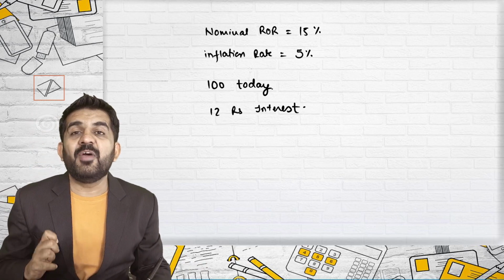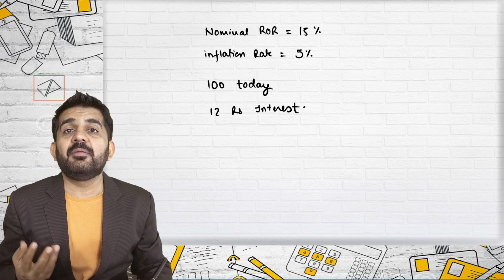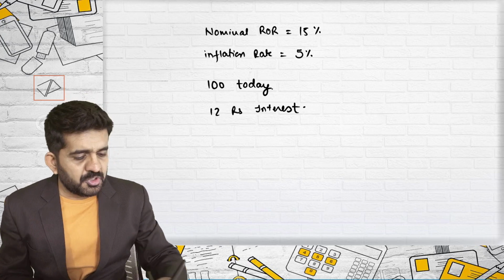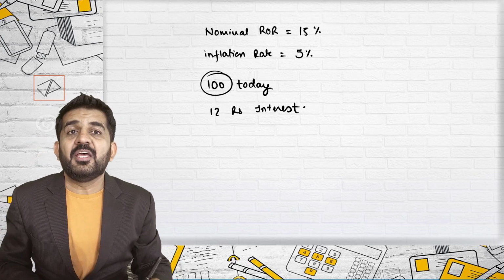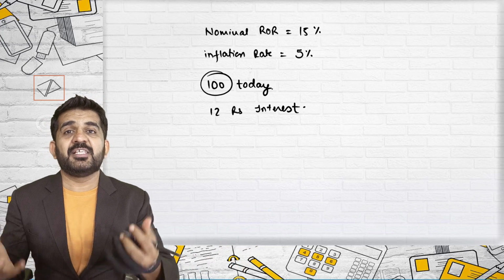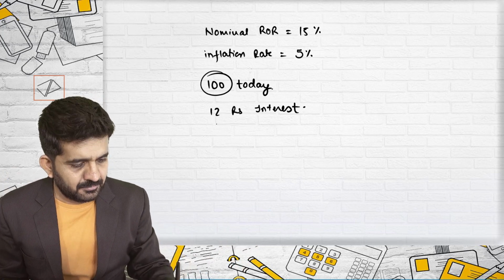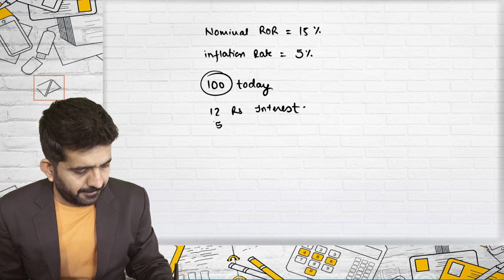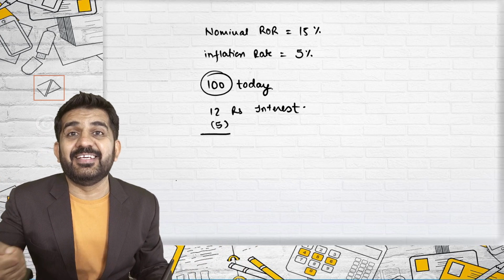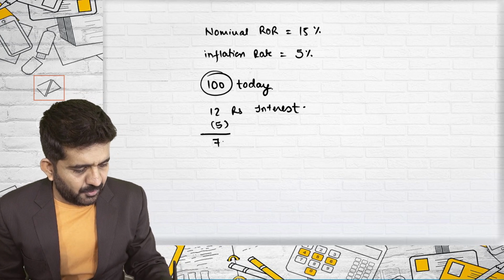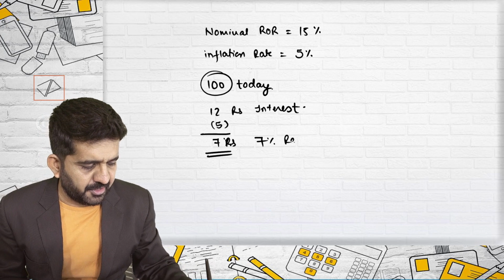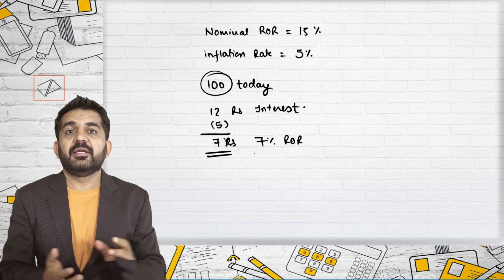But wherever I go, there will be a 5% increase in price. So the things which were available for 100 rupees today will be available at 105 rupees after 1 year. So inflation is eating up my 5 rupees out of 12 rupees. So really I am getting only 7 rupees, which is 7% rate of return on 100.